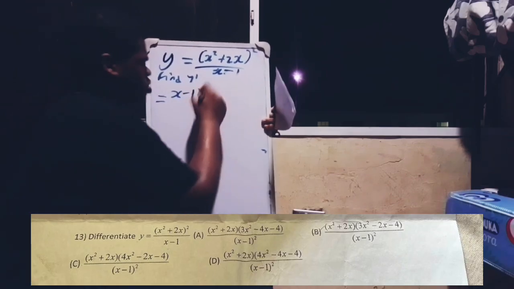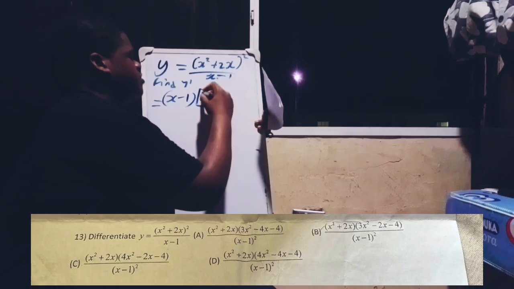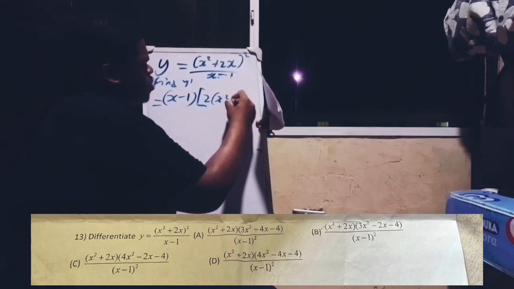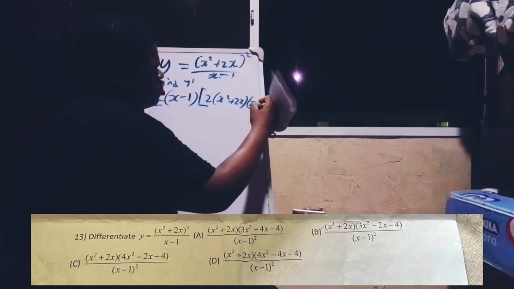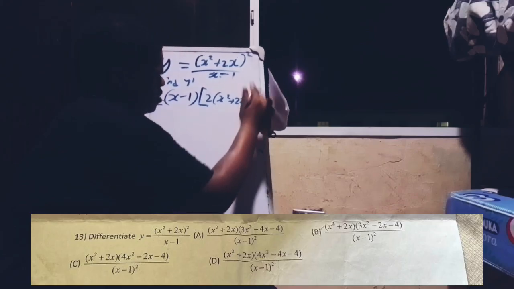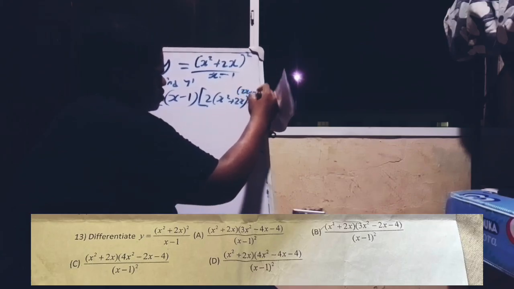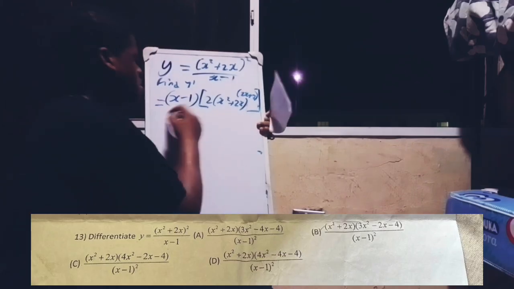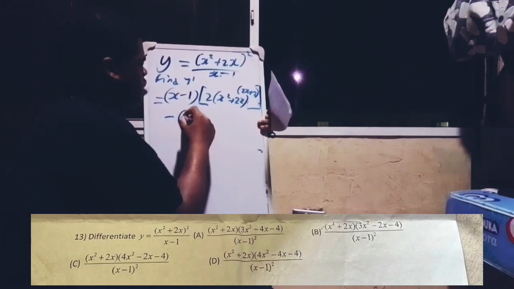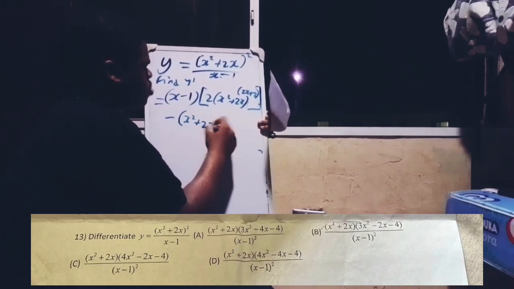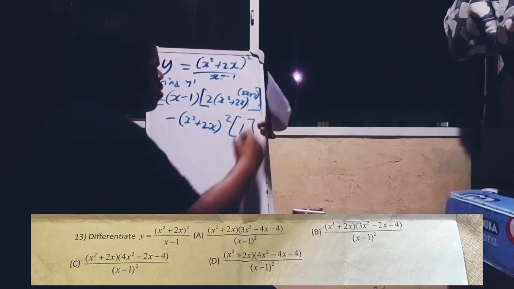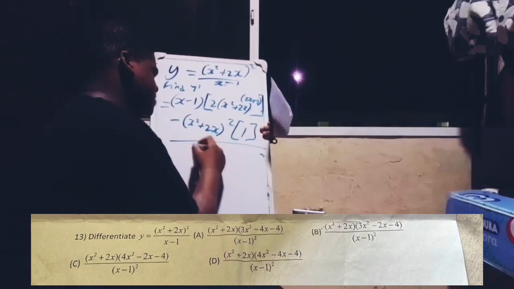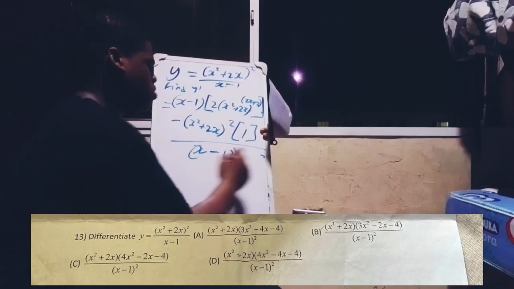That is equal to (x minus 1) times 2 (x squared plus 2x) times (2x plus 2), minus (x squared plus 2x) all squared times 1, divided by (x minus 1) all squared.